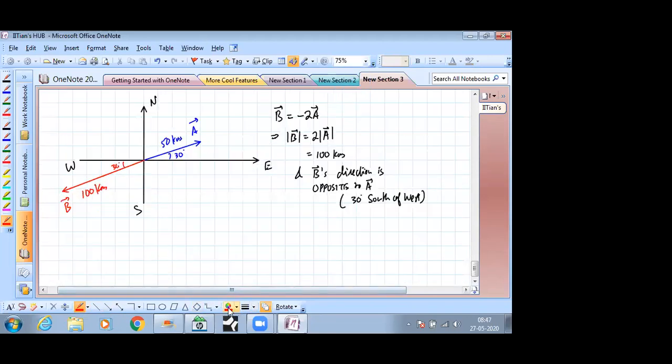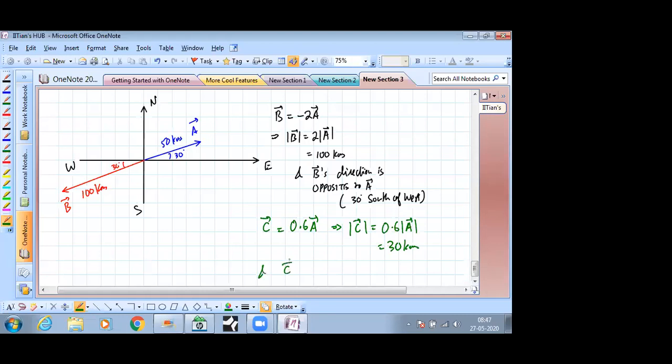So this becomes the vector B. Whereas if you talk about the vector C, C is 0.6 times A. So that means the magnitude of the vector C is 0.6 times, that's 30 kilometers.